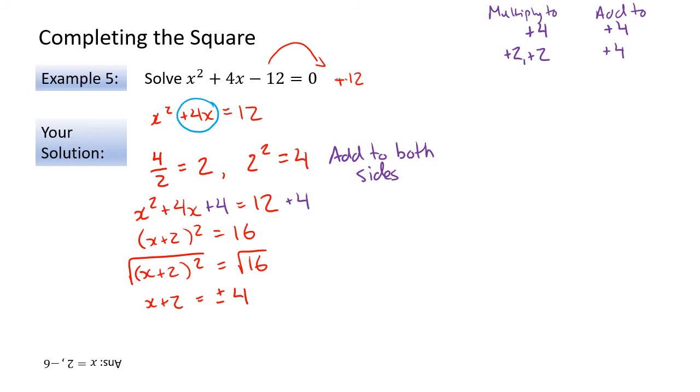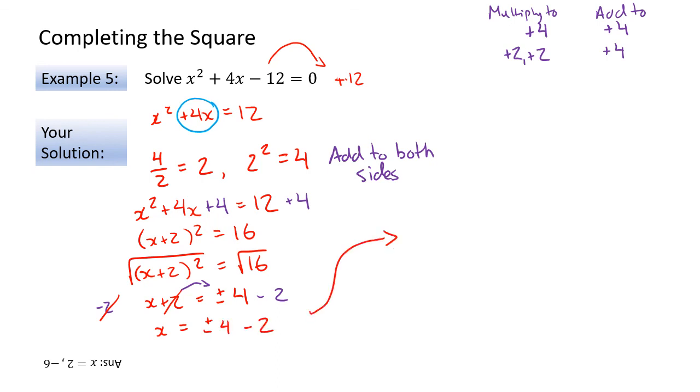Before we finish, our step will be to solve for x on its own. So we have to subtract 2 from both sides, because we're moving the 2 to the other side of the equation. The negative 2 and positive 2 cancel, and we're left with x is equal to plus or minus 4 minus 2.